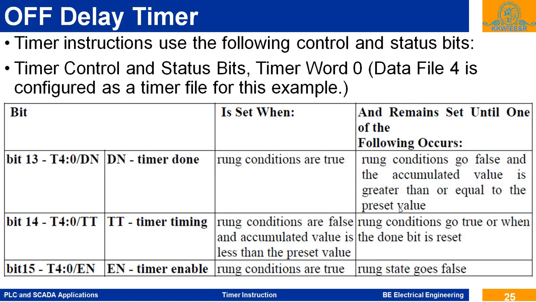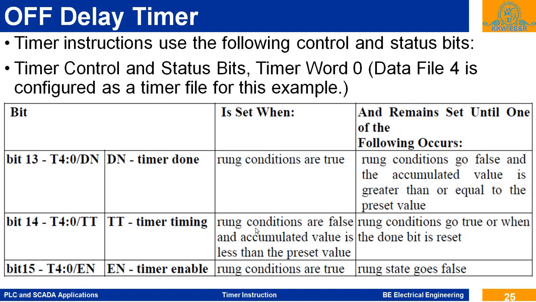When the run condition goes false, the accumulator starts incrementing, and when the accumulated value is greater than or equal to the preset value, your done bit is reset. It is set with the run condition true, and when the run condition goes false, the accumulator starts incrementing. When this condition is satisfied, your done bit is reset.